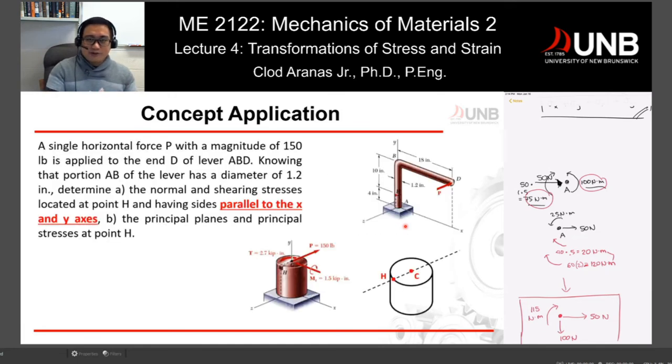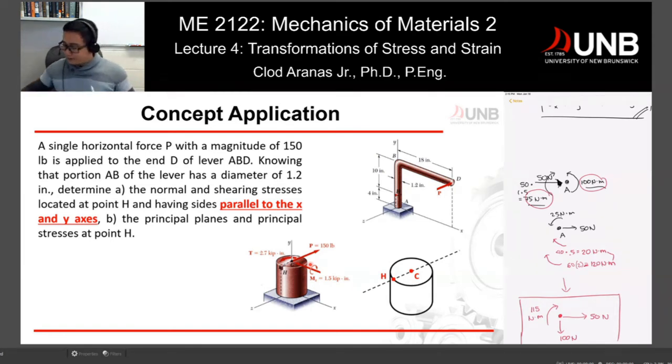We are not going to solve it right now because we only have 6 minutes, but I'm going to explain how we are going to do the stress state at point H by looking at different stresses. In this case, I have P, and then I'll produce a moment at a certain axis, or rotation at a certain axis.